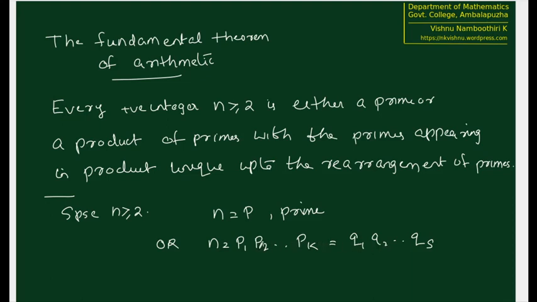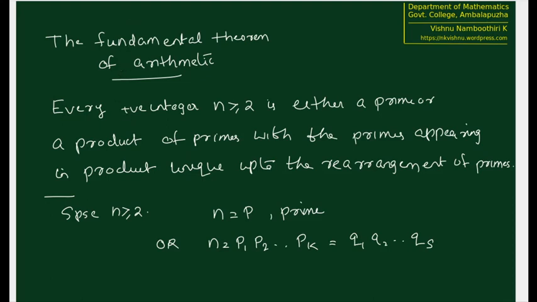That means it is not necessary that p1 is going to be equal to q1, p2 is going to be equal to q2, etc. But it is necessary that k is going to be equal to s. So in any representation of n as a product of primes, the primes appearing and the number of prime factors appearing are unique. That's what the fundamental theorem of arithmetic says.